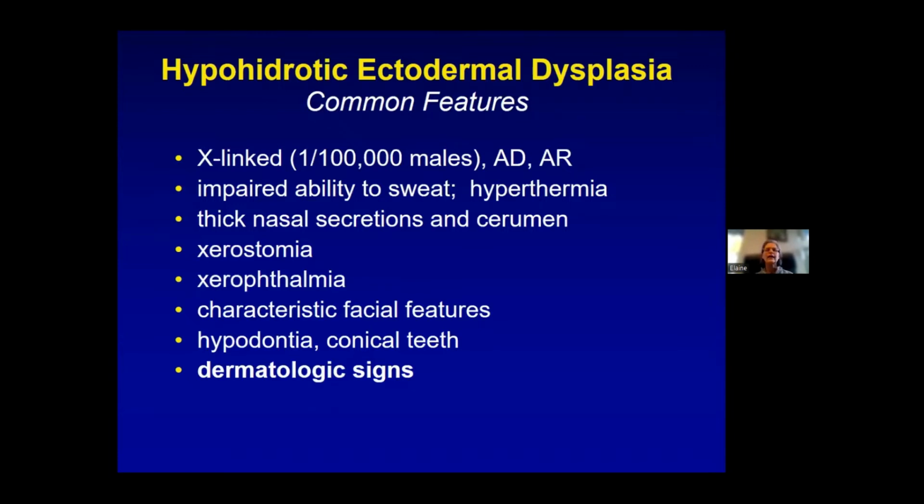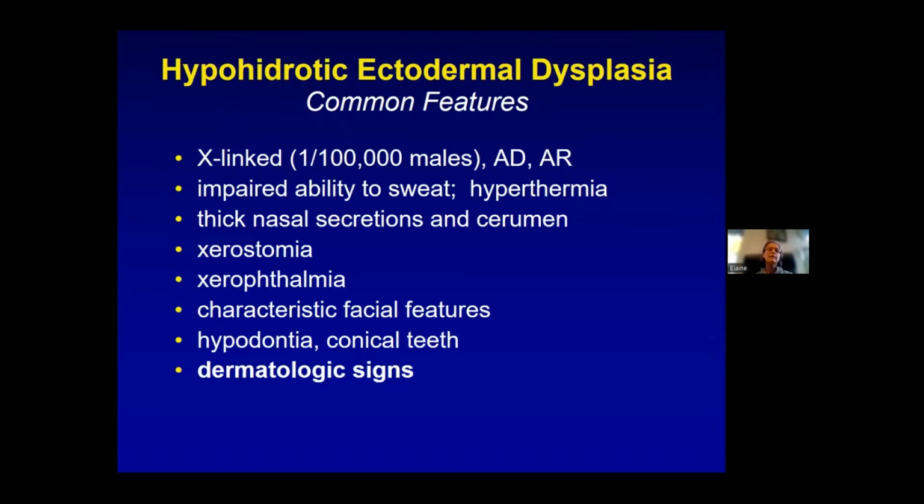You're all aware that the presentation typically begins in early infancy with an impaired ability to sweat, hypohidrosis, which in turn causes hyperthermia. Affected babies, in addition to having somewhat characteristic facial features, which I'll show you some pictures of, typically have a history of recurrent fevers of unknown origin.